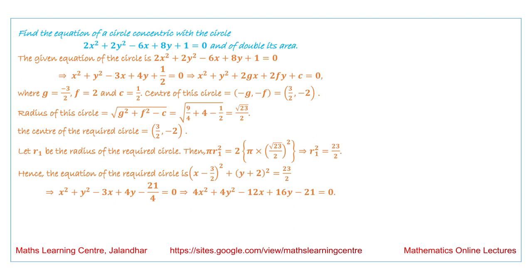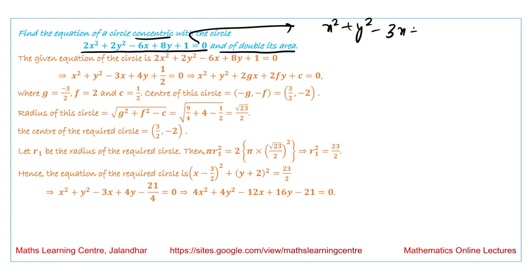Next we have: find the equation of the circle concentric with the given circle, meaning the center is the same, and double its area. So from this equation we can write it in the form x square plus y square minus 3x plus 4y plus 1 by 2 is equal to 0.